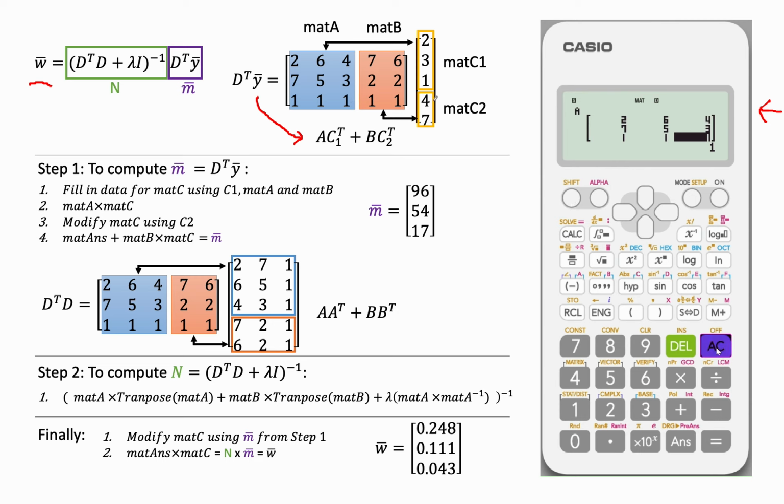After we key in the entries for matrix A, we proceed to key in the entries for matrix B. Of course, we need to specify the size for each of these matrices. Then we fill in all the entries and define our matrix B. Next, we proceed to fill in the entries for matrix C1.